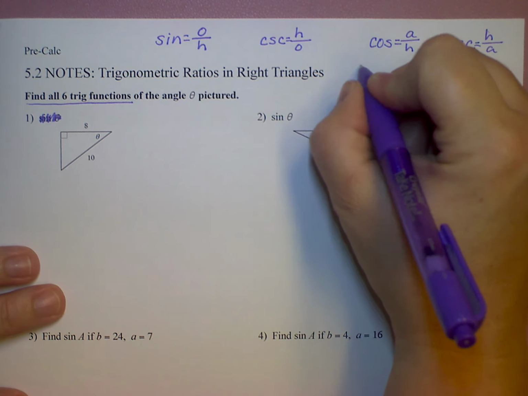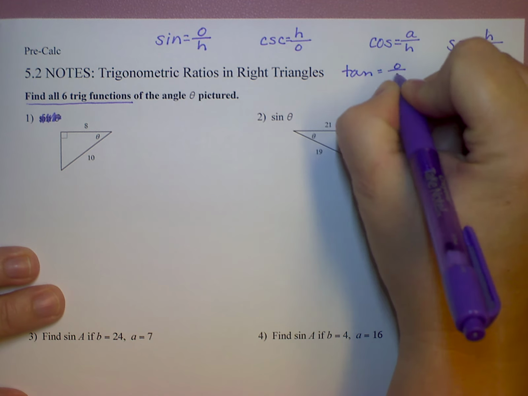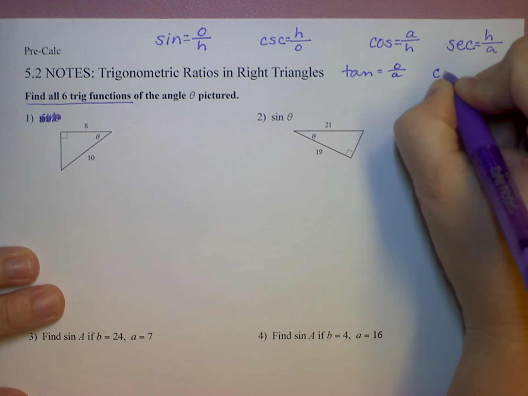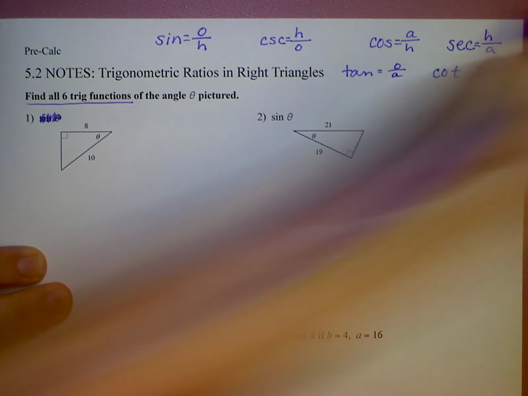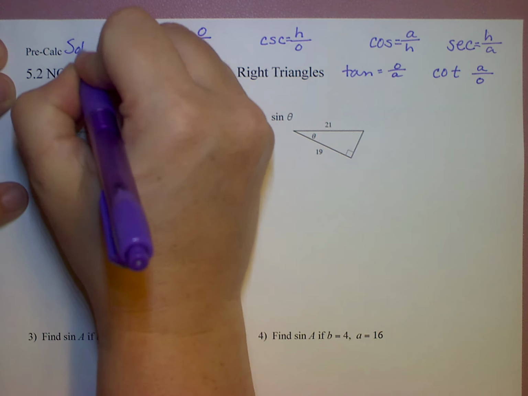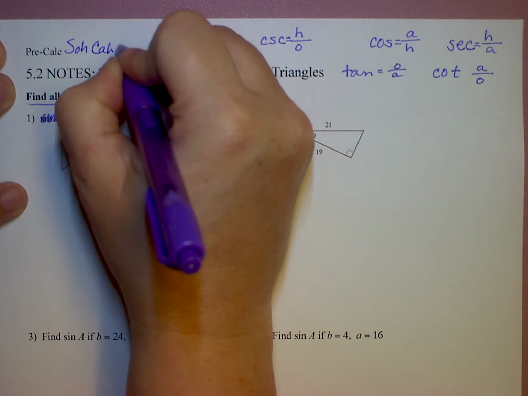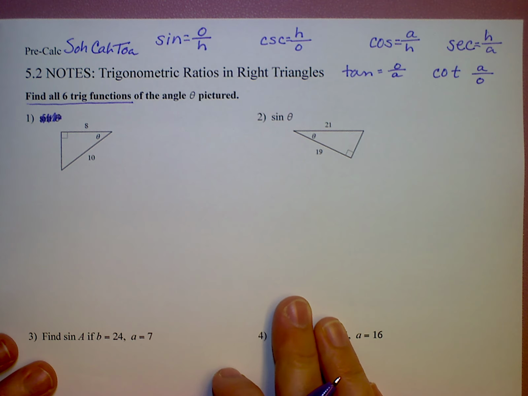And then finally we have tangent, which is opposite over adjacent, and therefore cotangent will be adjacent over opposite. So back to our good old SOHCAHTOA. Okay, we good so far?